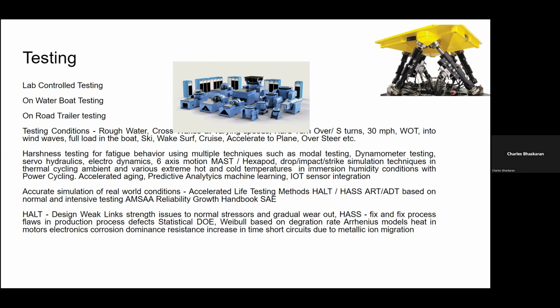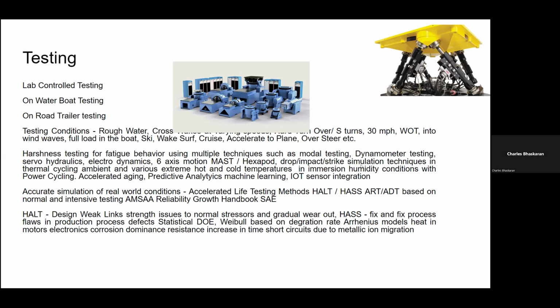You can do it one axis at a time, and there are also multiple shakers now utilized to run all three axes. On the right, in yellow, what you're seeing is what we call a hexapod or a MAST. It's a multi-axis servo hydraulic system that creates 6 degrees of motion. So you can do things like that to simulate the real world.